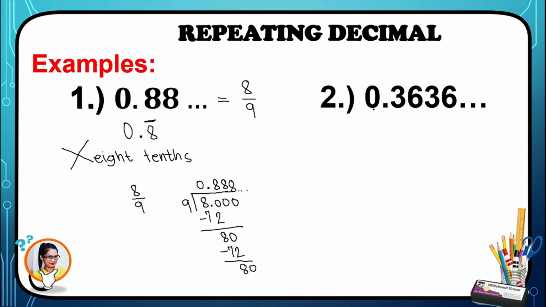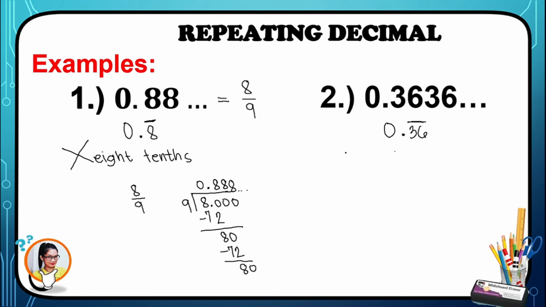Next one, 0.3636 and so on. Now, what are the digits that keep on repeating? That's correct, 36. So we'll have here 0.36 with a bar.